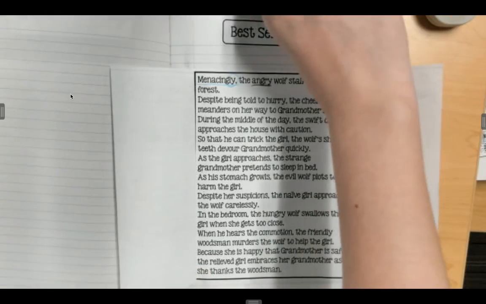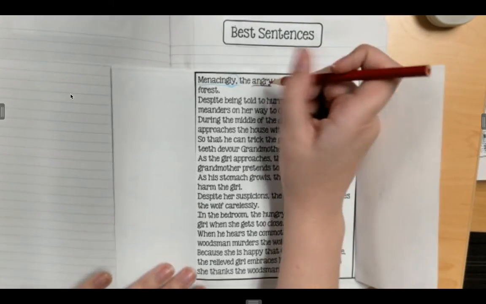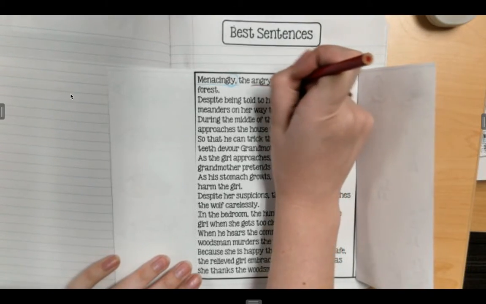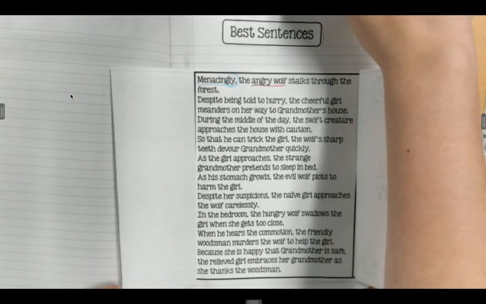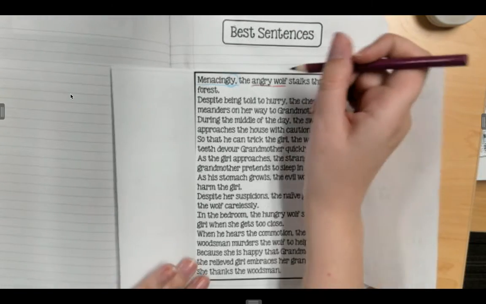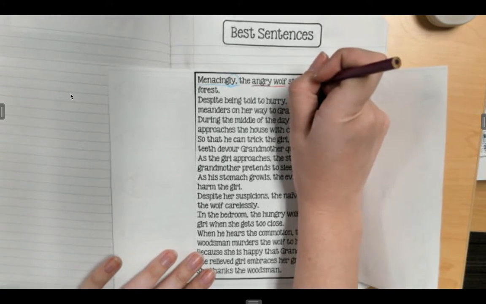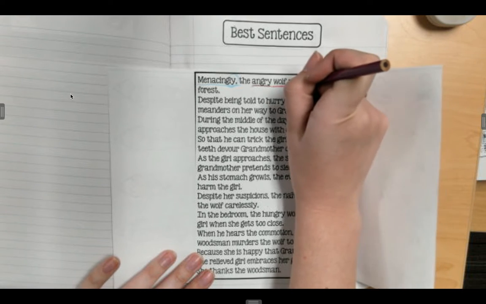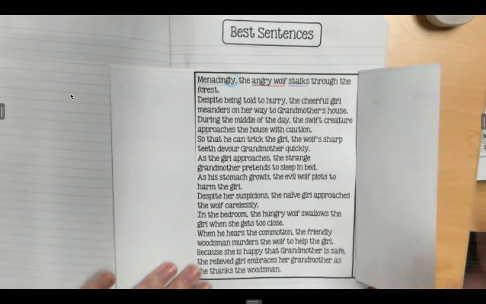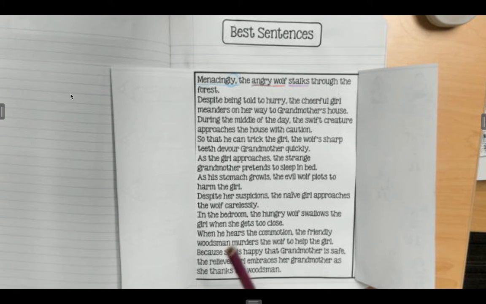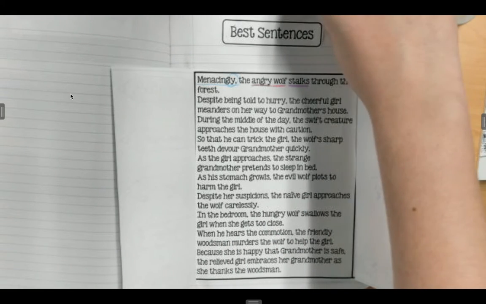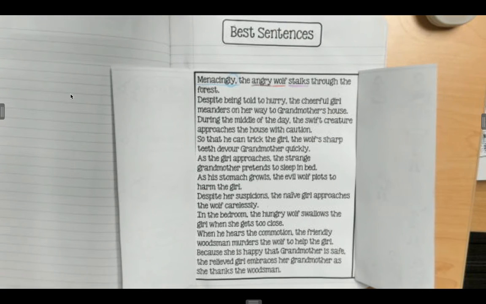So the angry wolf is our subject, underlined in red. The angry wolf stalks, and our vivid verb is underlined in purple. If you don't have a purple or a violet, you can use dark blue here and then just use light blue for your how action parts. And the last part of the sentence, through the forest, shows us our where.